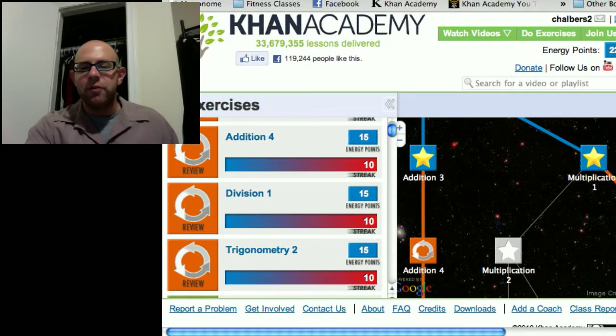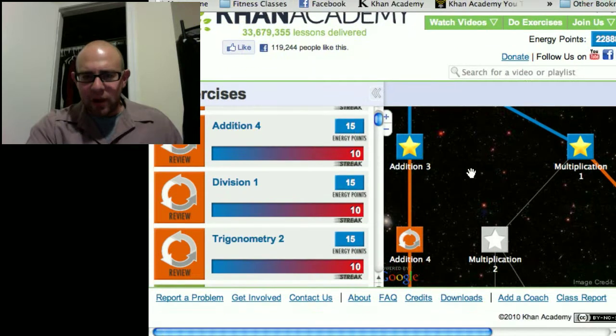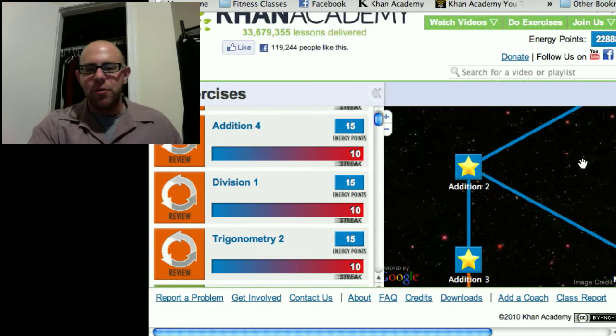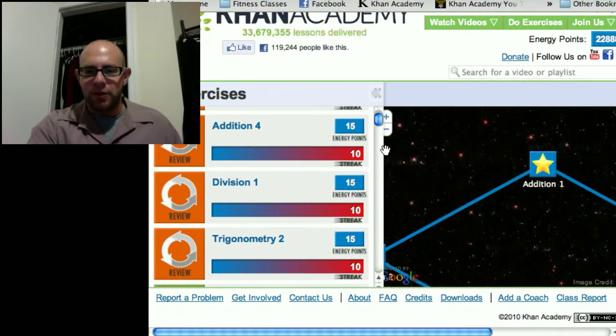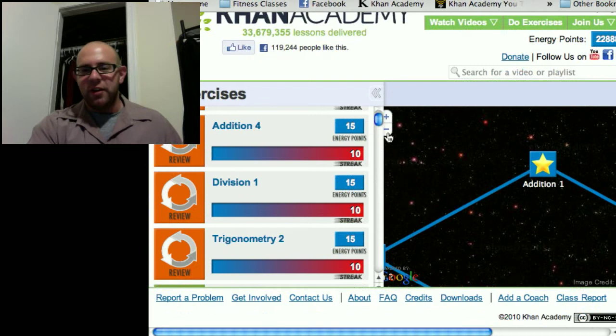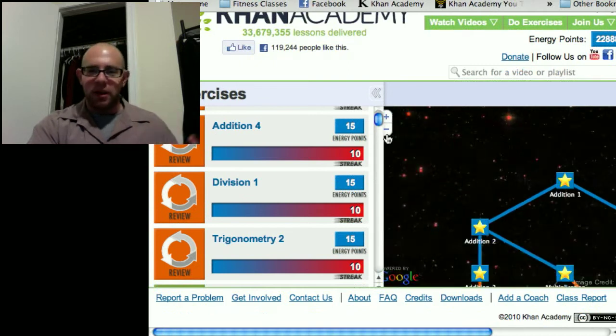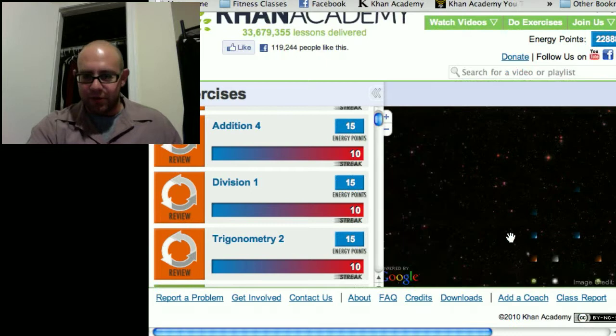Okay, so essentially what we've got in this exercise window is a whole bunch of different modules on things that you can do, from addition. Addition 1, so this literally will start at basically 1 plus 1, or single digit addition. And it's dynamically generating problems, so if you need 1,000 problems, it'll give you 1,000 problems.